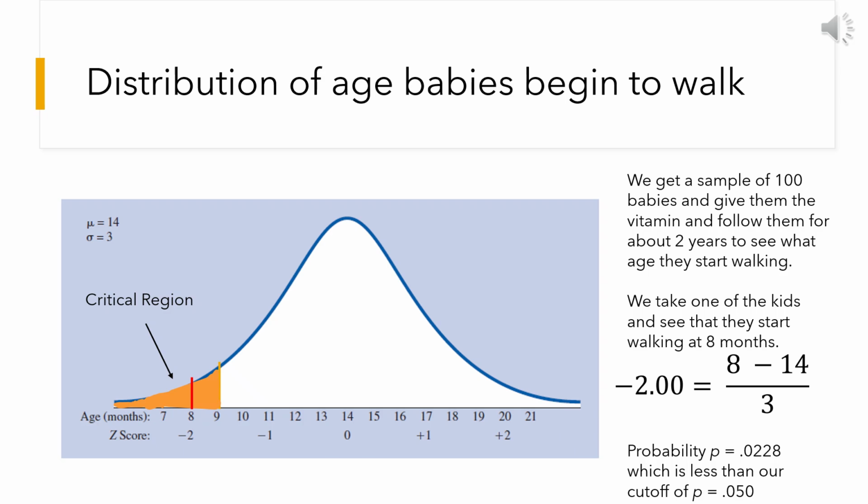So we feel pretty comfortable rejecting the null hypothesis because the p-value is less than 0.05 and the z-value we calculated lies within that critical region, which automatically means the p-value is going to be less than 0.05 because it's less than 5% of the distribution.